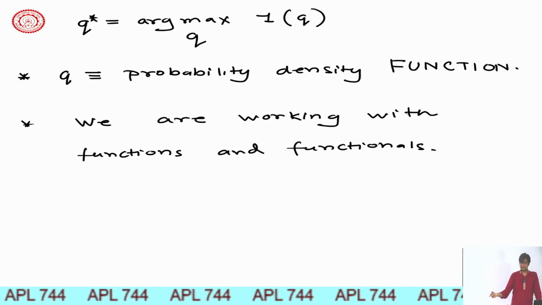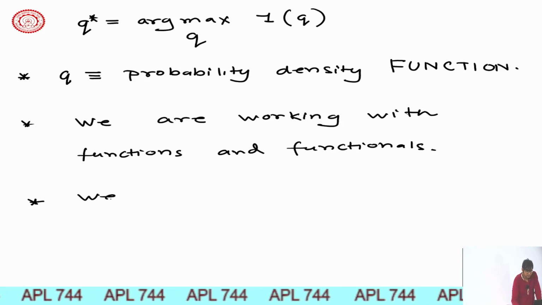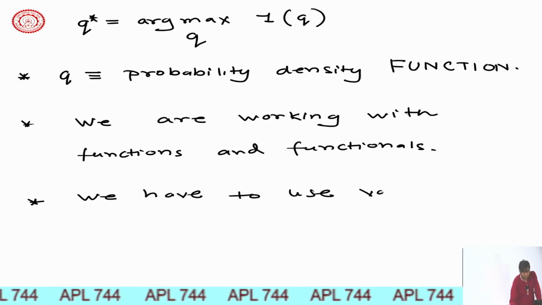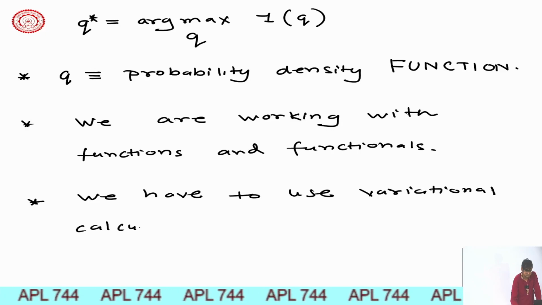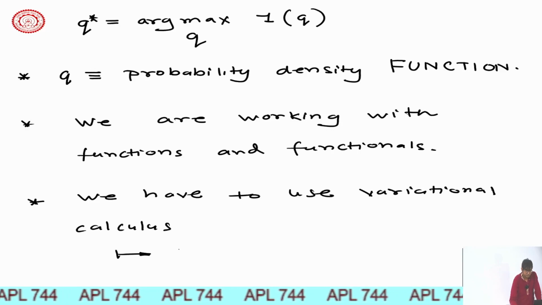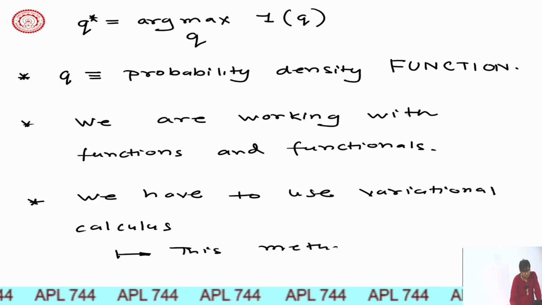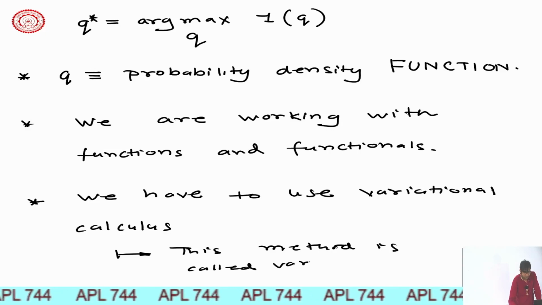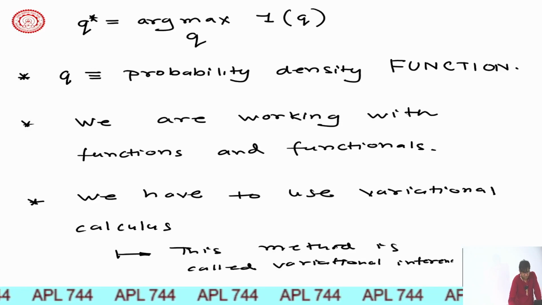Which means we have to use variational calculus, and that's why this group of methods is known as variational inference, which means we have to use variational calculus, and therefore this method is called variational inference, or VI.